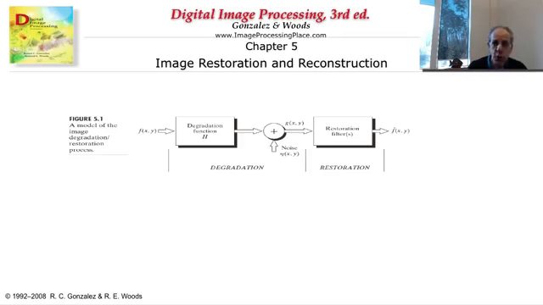So in image restoration, in contrast with image enhancement, we are going to try to restore the image. We're going to have a model for the degradation, and that's what we see here. Basically, we start with an image. The image goes through some degradation, which is represented by this filter H. Examples of degradation, and we're going to discuss them in detail later on, are, for example, blurring, defocus.